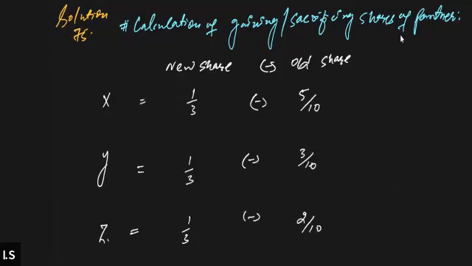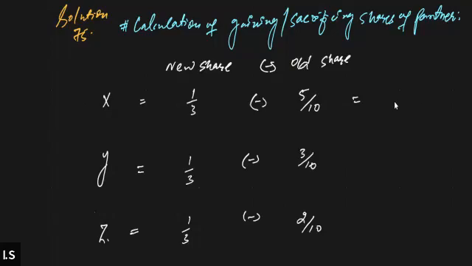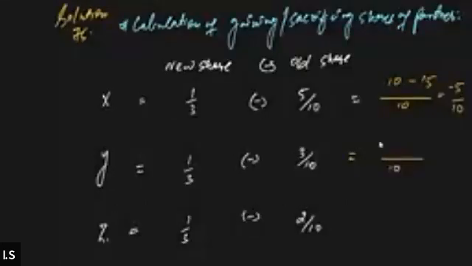so the gaining or the sacrificing share will be, for X, 10 and 10 minus 15, that is minus 5/30. In the case of Y, it will be 30 and 10 minus 9, that is 1/30 positive.